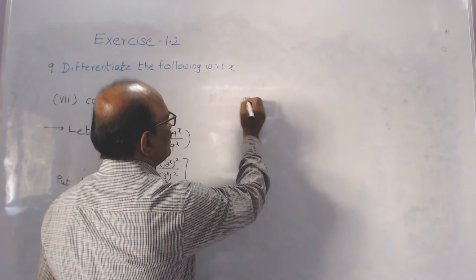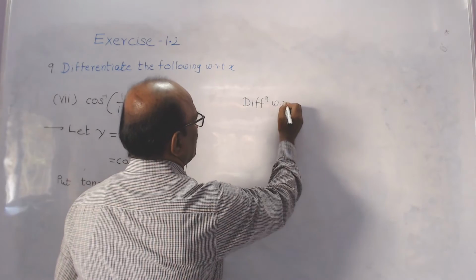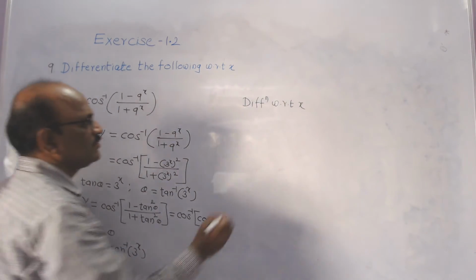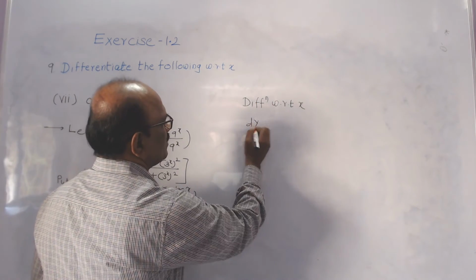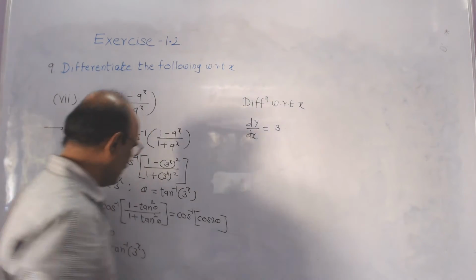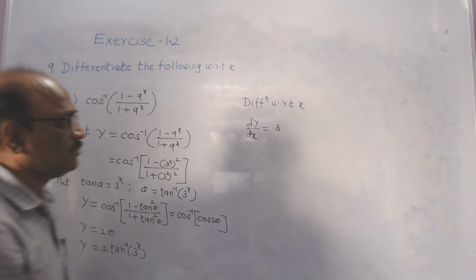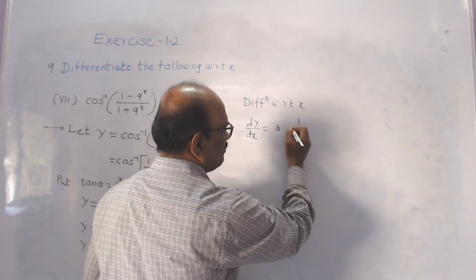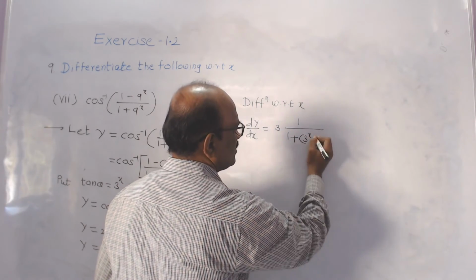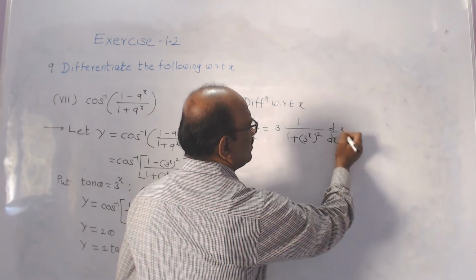Now differentiate this with respect to x. Therefore dy by dx is equal to 2. What is the derivative of tan inverse of x? That is 1 upon 1 plus x square. But here the function is composite, and therefore we write 1 upon 1 plus 3 raised to x bracket square into d by dx of 3 raised to x.